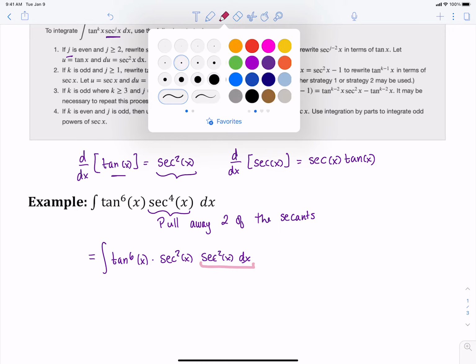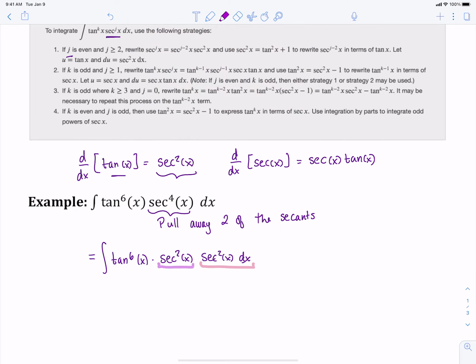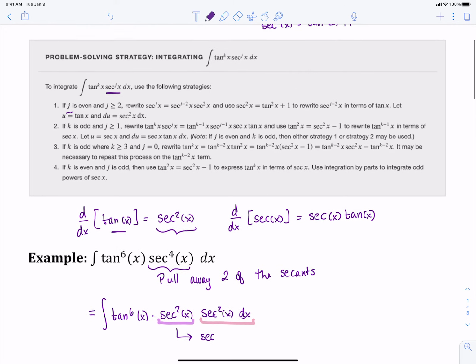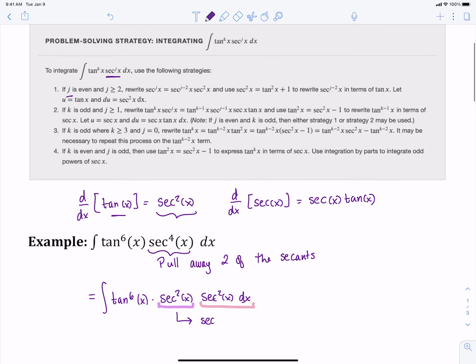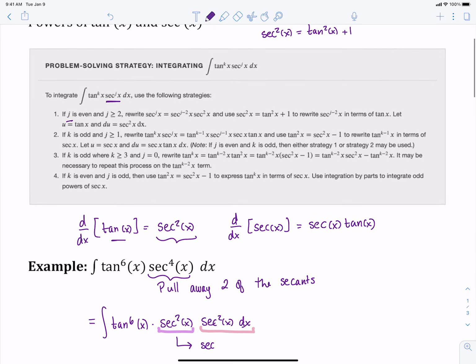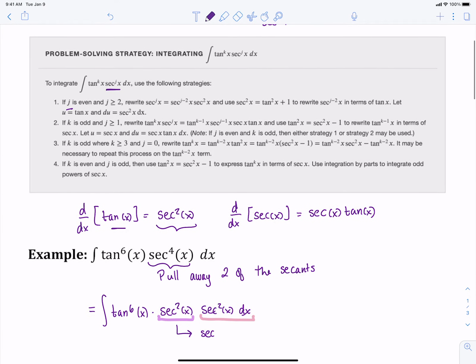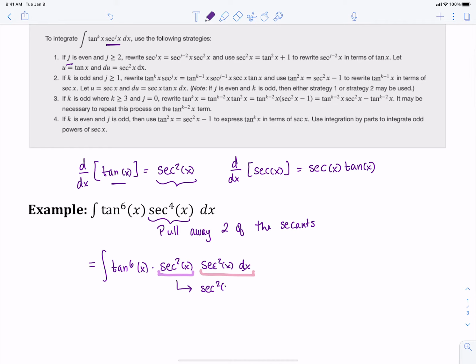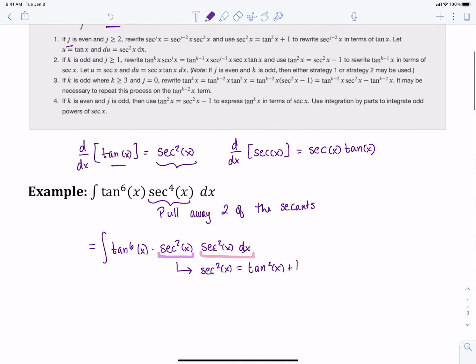Now this other one that we have, this secant squared, we're going to use the Pythagorean identity to replace this. So we've got secant squared of x is equal to tangent squared of x plus 1.